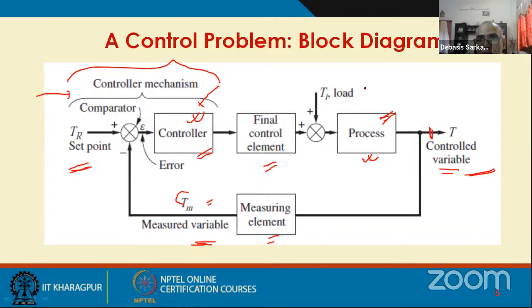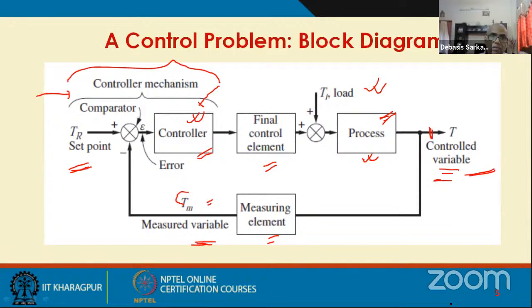And here there is a load variable. That means there are disturbances to the process which will try to change the condition of the control variable, and the controller actions will be required. So now this is a feedback control loop.